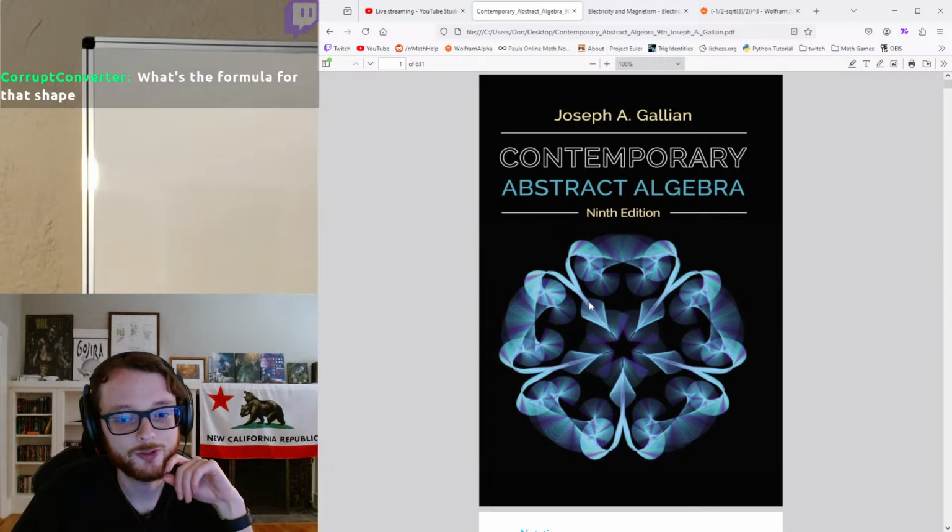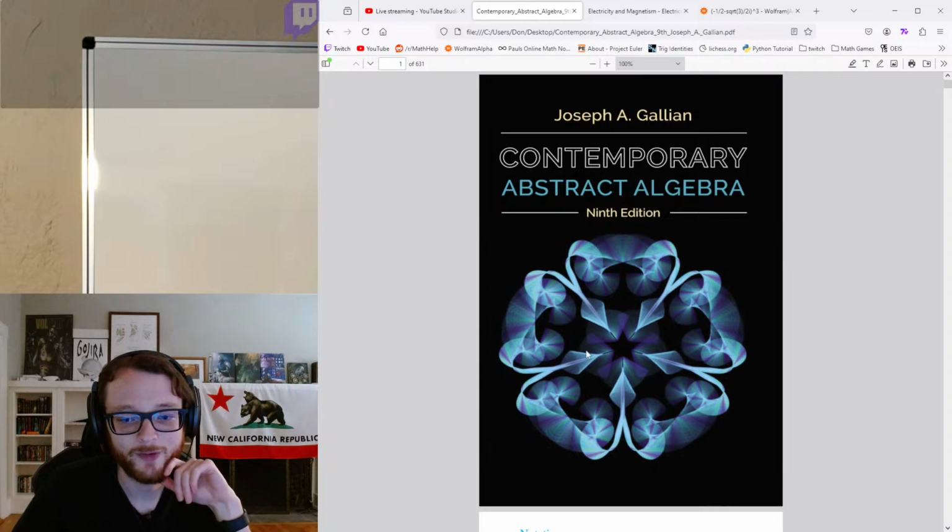The formula for this shape? I don't know. Is there a formula? There's a few different shapes in here. But they chose a very symmetric shape.